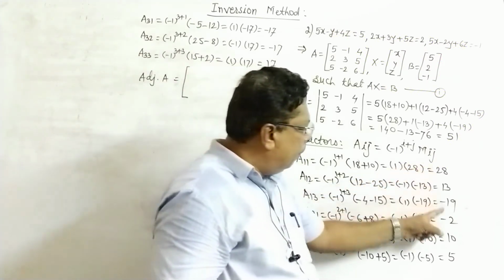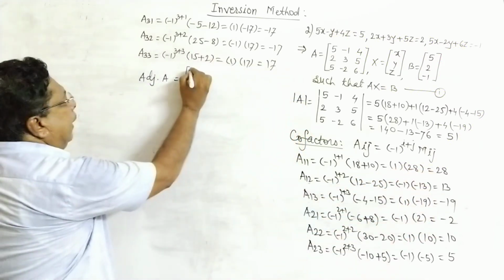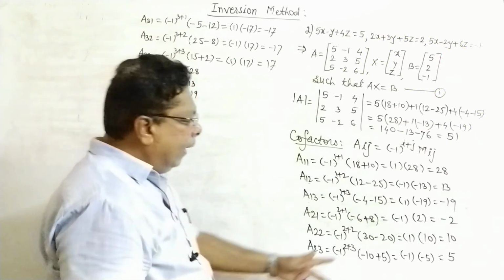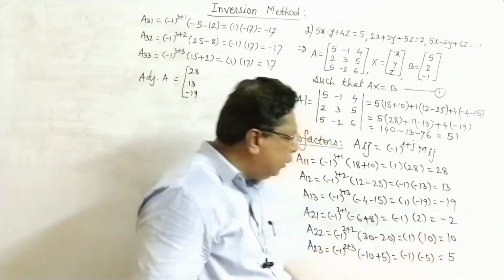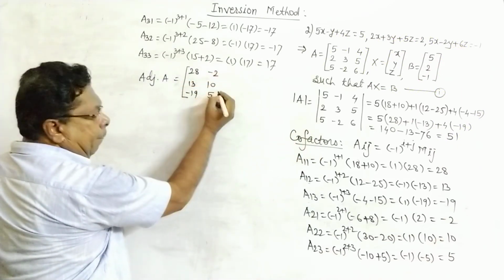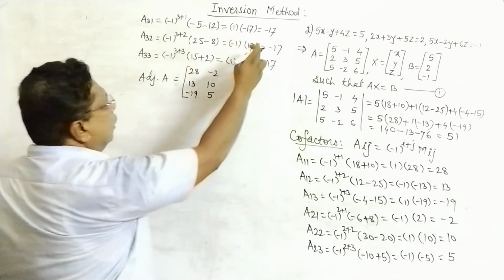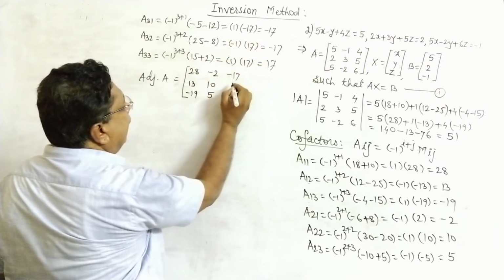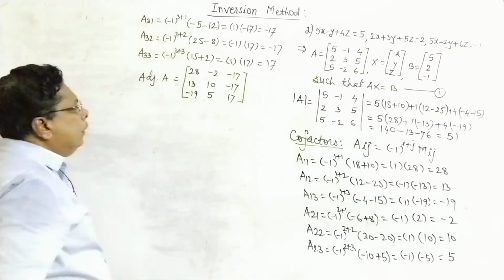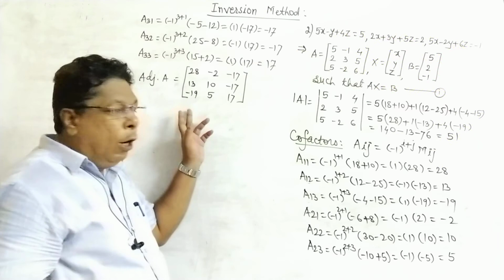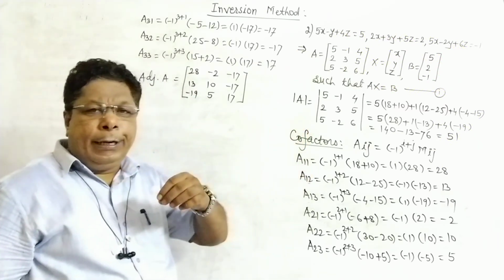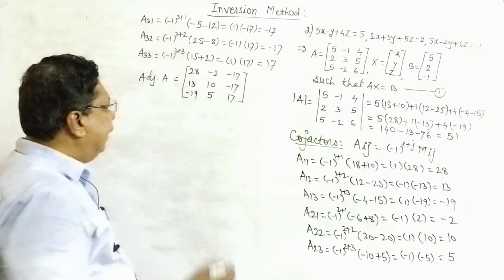First three elements in the first column: 28, 13, minus 19. Next, second column: minus 2, 10, 5. Now the remaining elements in the third column: minus 17, minus 17, 17. This is adjoint A. We have to find A inverse. What is the formula?